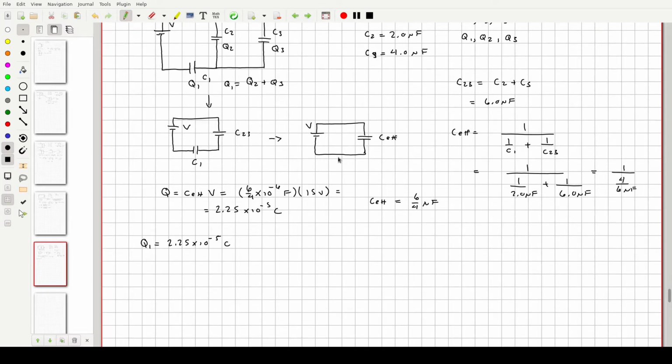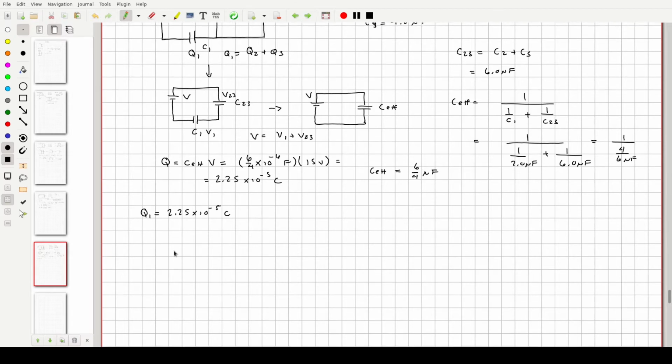Now let's take a look at this reduction in complexity right here. Because we know the voltage here is going to be here, and is also going to be here as well. And it should be that V is equal to V1 plus V23. So, Q is equal to C times V. Q1 is equal to C1 times V1.